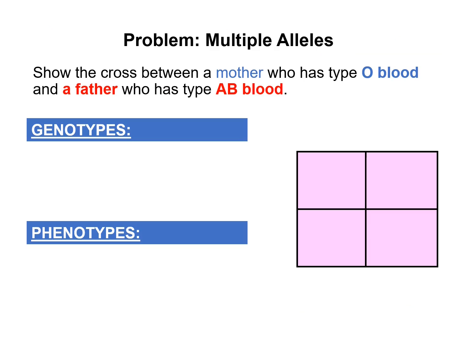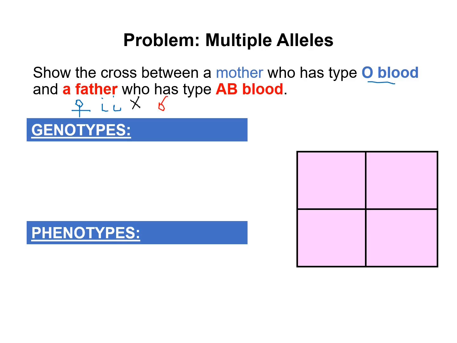So now we have to show the cross between a mother and a father. We have the symbol of a woman, and the blood type is homozygous recessive, so it's very easy. And now we have to cross it with a father.